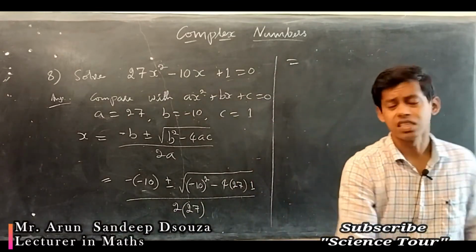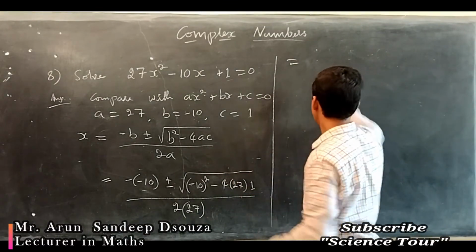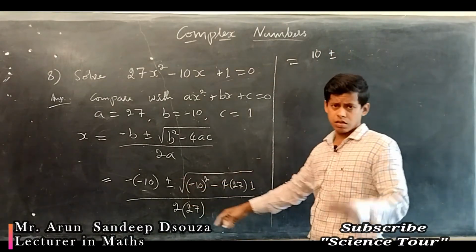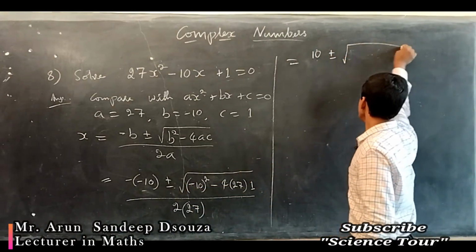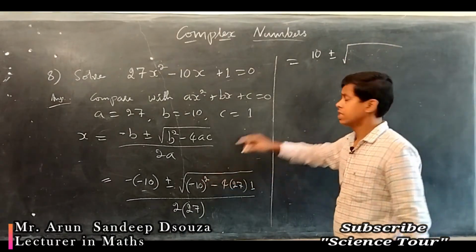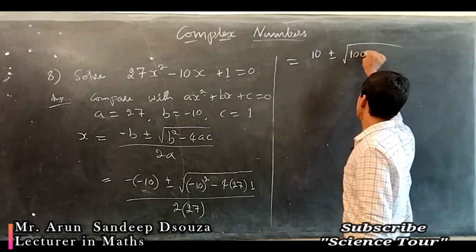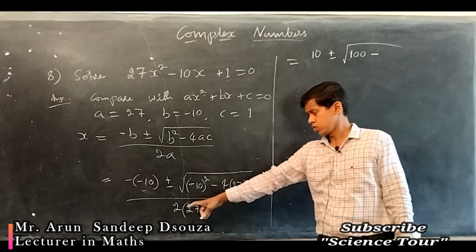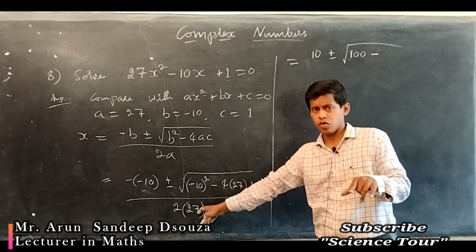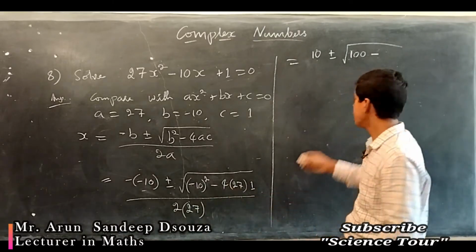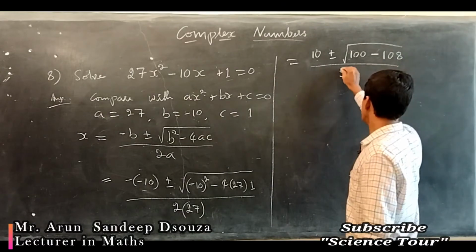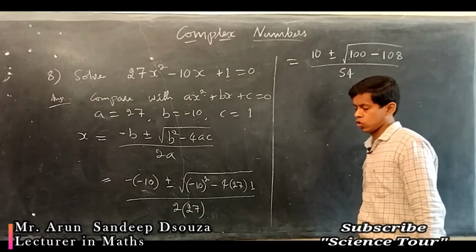So continuing like this, we get 10 here, then plus or minus square root of minus 10 square, that is 100, minus 4 into 27. So 2 into 27 is 54 and double of that is 108, divided by 54.